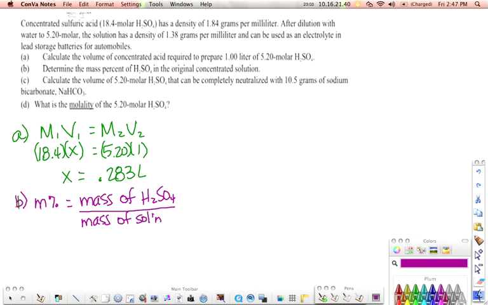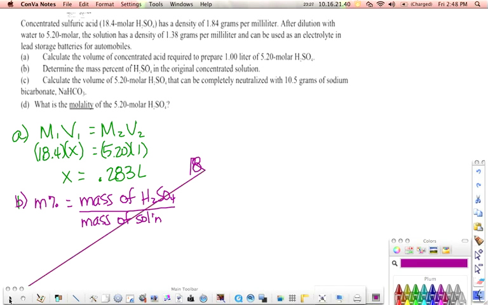So let's see, what can we figure out? We can figure out the mass of our H2SO4, knowing that we used 0.283 liters of this, or does that even matter? Now let's just take our 18.4.